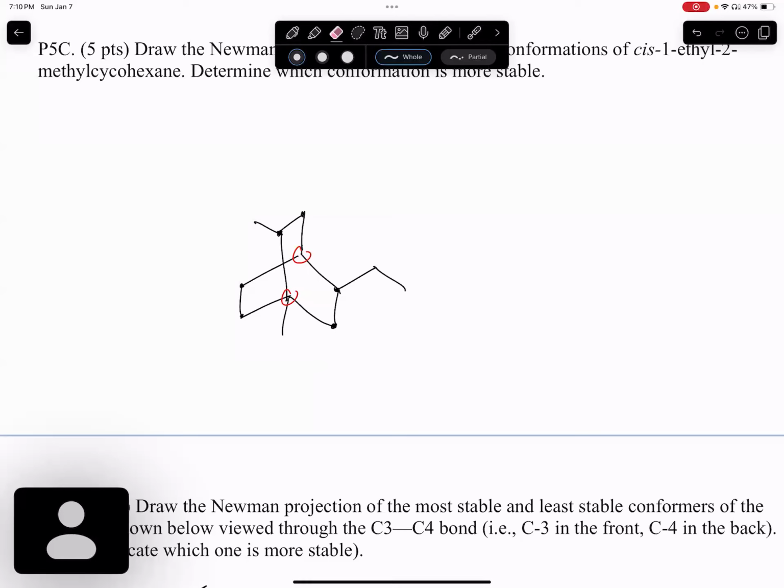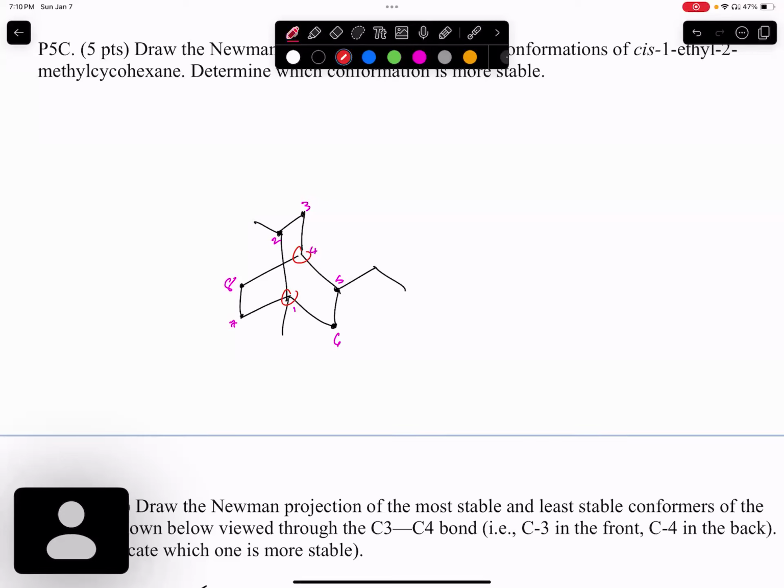Now count if we were to go up in pink. This is 1, this is 2, 3, 4, 5. Does everybody see that? We're going up instead of going left or right. If I continue my count, this would be 6, this would be 7, this would be 8.